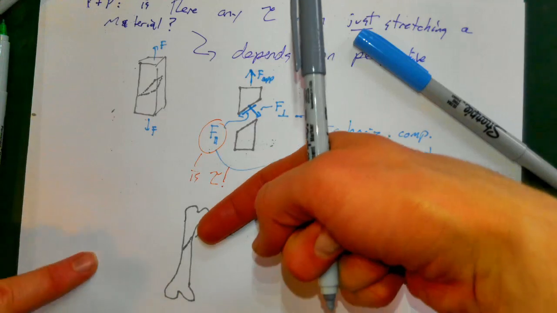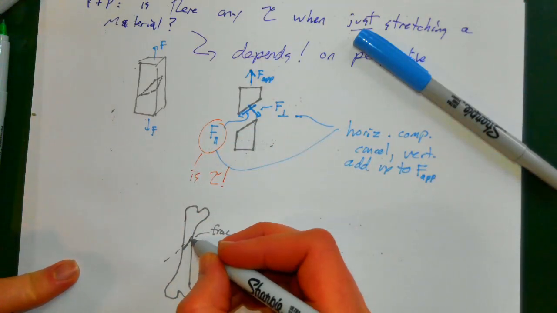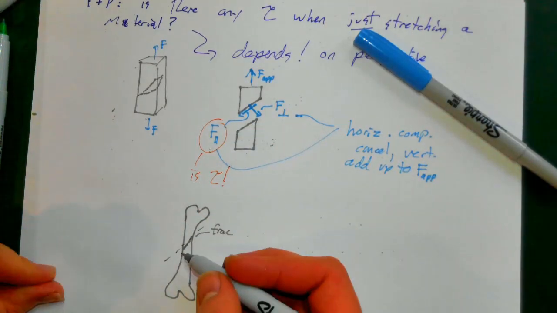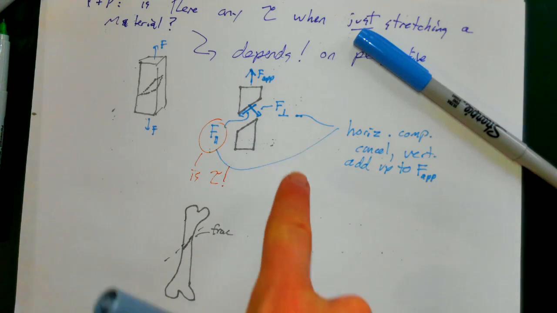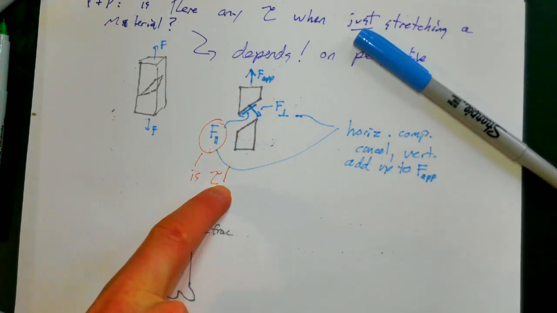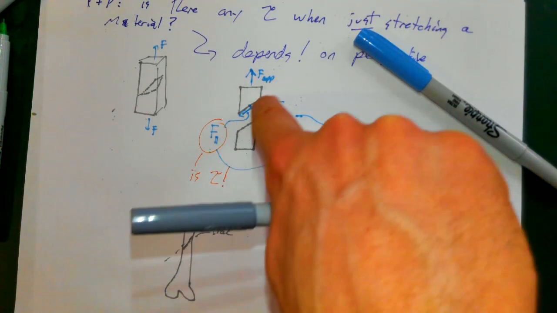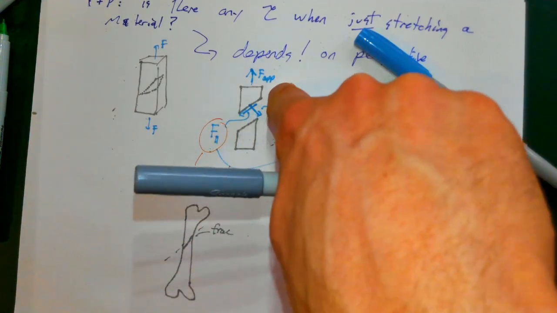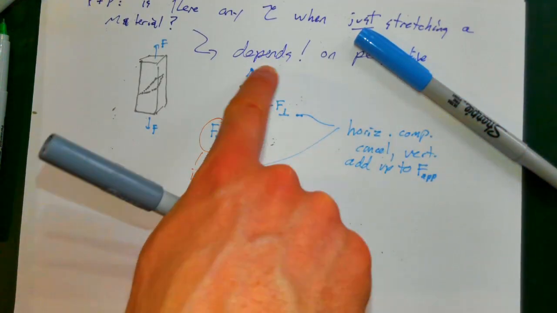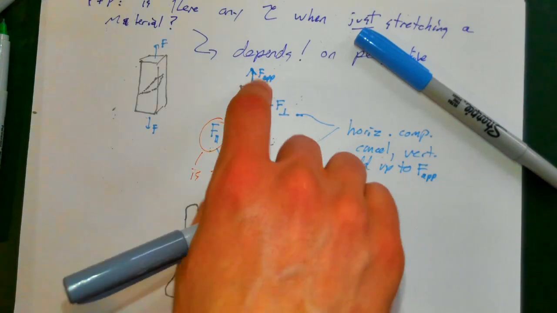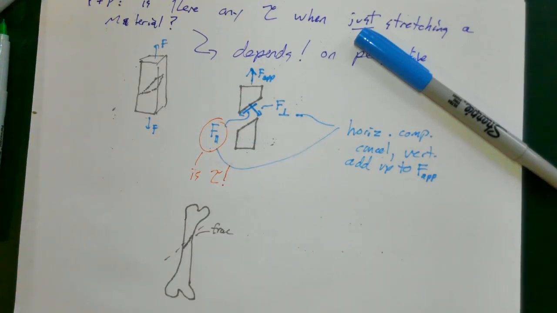It breaks when the shear stress across a cut plane like that is too high. And it turns out you can actually predict what this equivalent shear stress over a diagonal plane is, as a function of what that normal stress is.